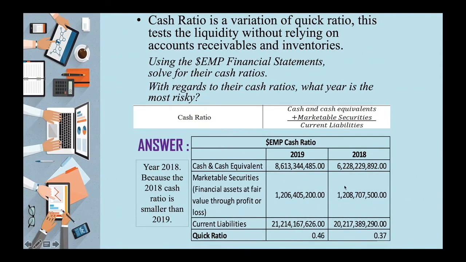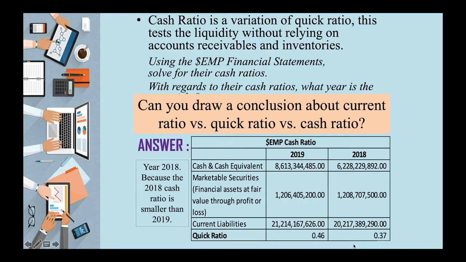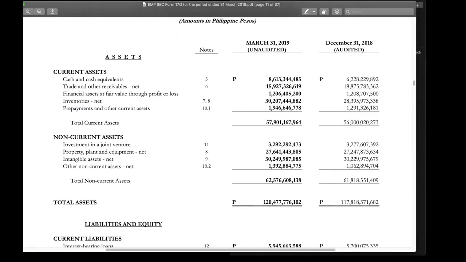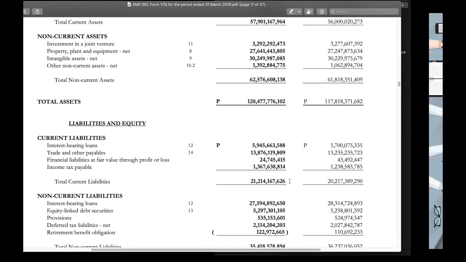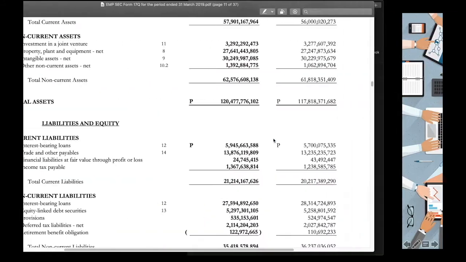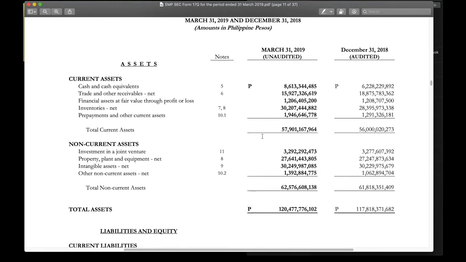46 versus 37. Okay, now, can you draw a conclusion about current ratio versus quick ratio versus cash ratio? I hope nakuha nyo na. Si current ratio, ang kanya is yung kabuuang current assets ang gamit, divided by current liabilities. Si quick ratio naman, hindi current assets, itong tatlo lang: cash and cash equivalents, trade and other receivables or yung mga accounts receivables, financial assets at fair value through profit or loss or ito yung tinatawag natin na marketable securities.